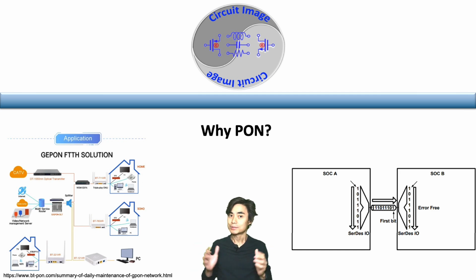While PON is typically associated with broadband access, such as GPON or EPON, it can also be relevant to specific SerDes applications, particularly when fiber optics and high-speed data communication are essential.